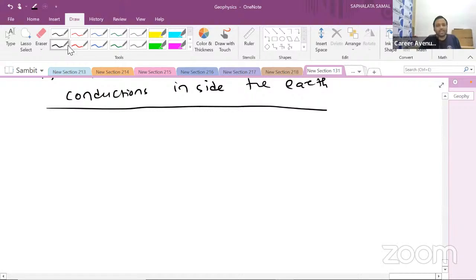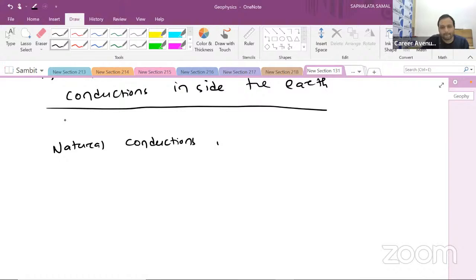First, let's see what are the inherent conductions happening inside the earth. Natural conductions inside the earth. What are they?